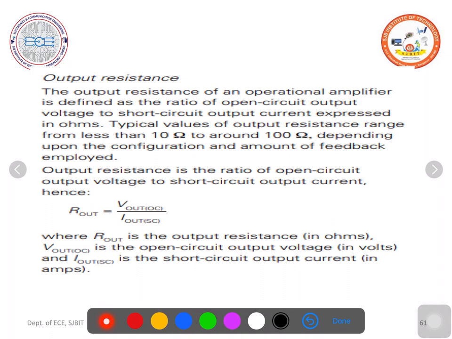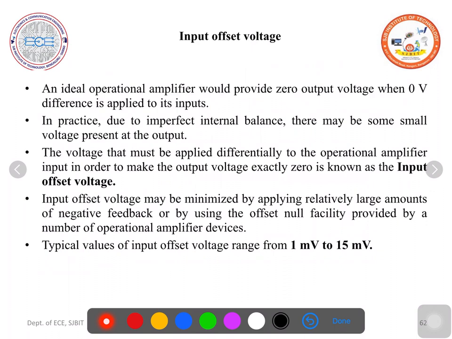So open circuit output voltage to the short circuit output current. Once again the unit is ohms. Then what will be the ideal value of this output resistance? The ideal value is 0. But practically it ranges from 10 ohms to 100 ohms. Very small value, because ideally it is 0.